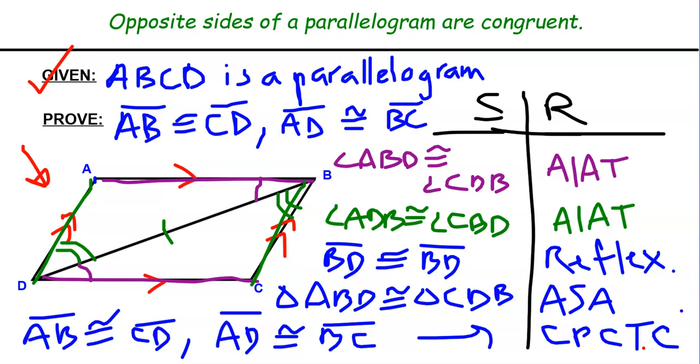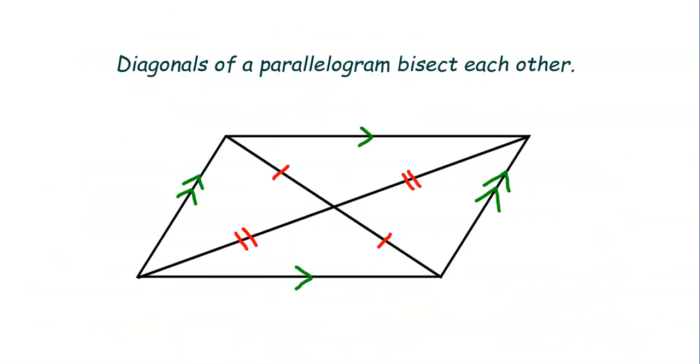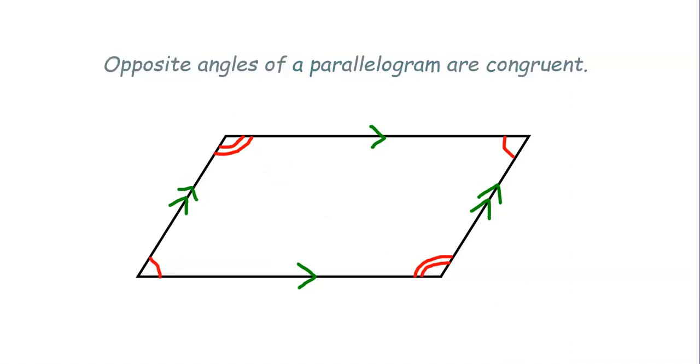That's going to be true as you're going through and proving that the diagonals of a parallelogram bisect each other. That is also going to be true when you're proving that opposite angles of a parallelogram are congruent. But in this proof, we actually don't need to use any congruent triangles. We are going to use the properties of parallel lines.